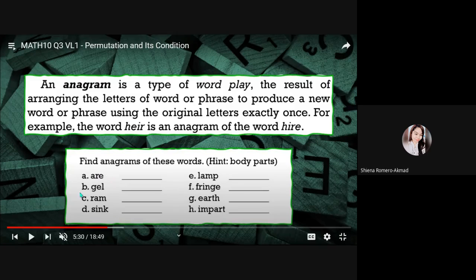So para mas madali niyo ma-form yan, and we have certain words to form, I have here a hint. Remember that the words that you will form is a body part. So let us have for letter A, R, letter B, gel, letter C, ramp, D, sink, E, lamp, F, fringe, G, earth, and H, import.